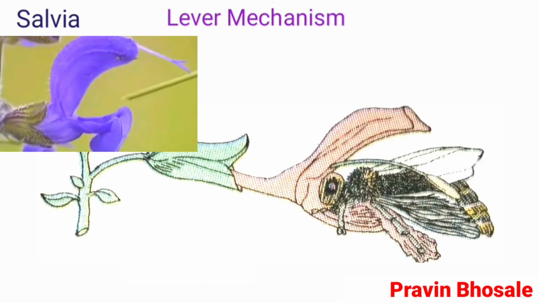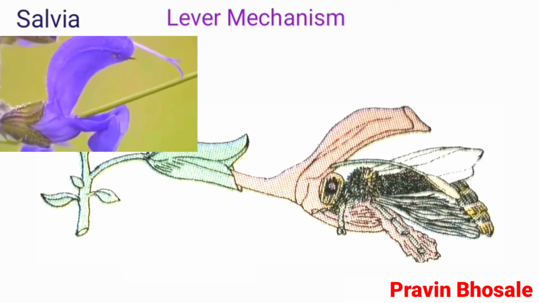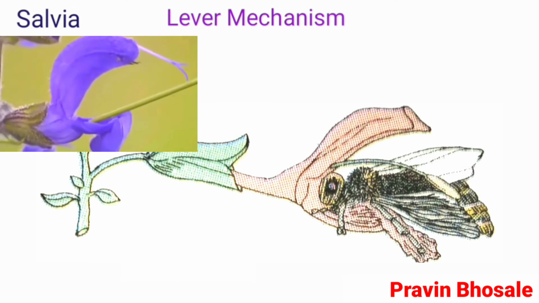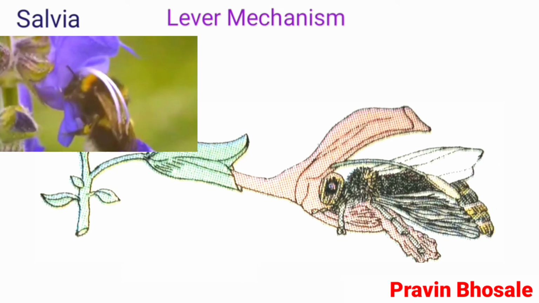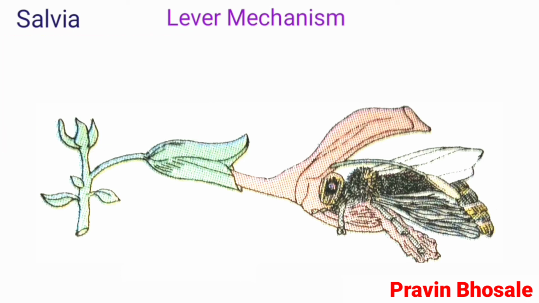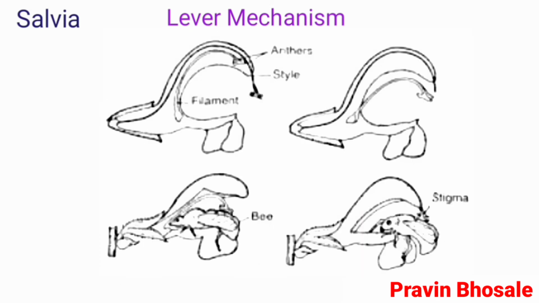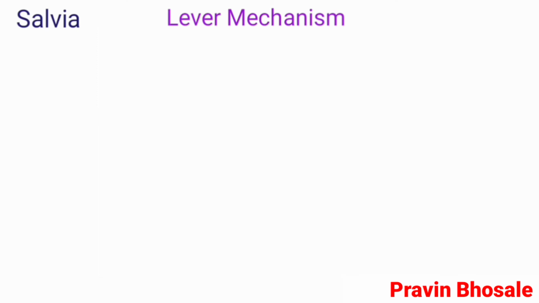When an insect enters the flower, it pushes the lower sterile lobe. As a result, the upper fertile anther lobe bends down. It comes in contact with the back of the insect's body and pollen grains are dusted there. When the same insect visits another flower with matured gynoecium, the pollen grains are picked up by the receptive stigma. Such a mechanism is called lever mechanism.